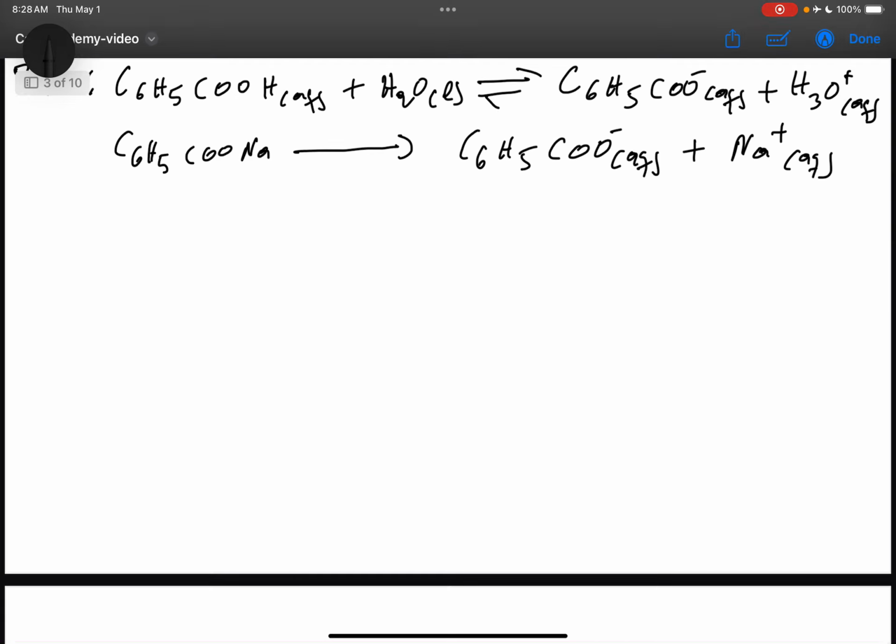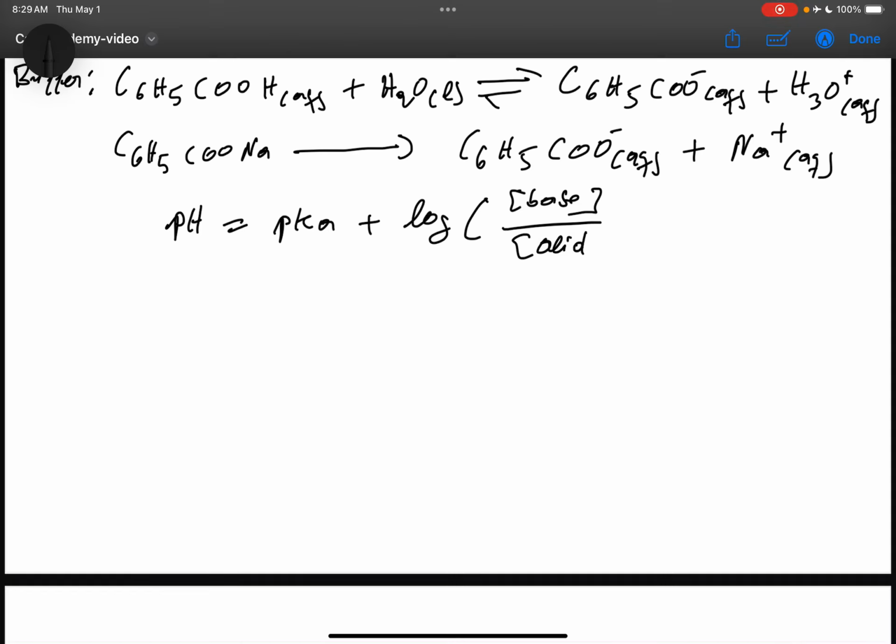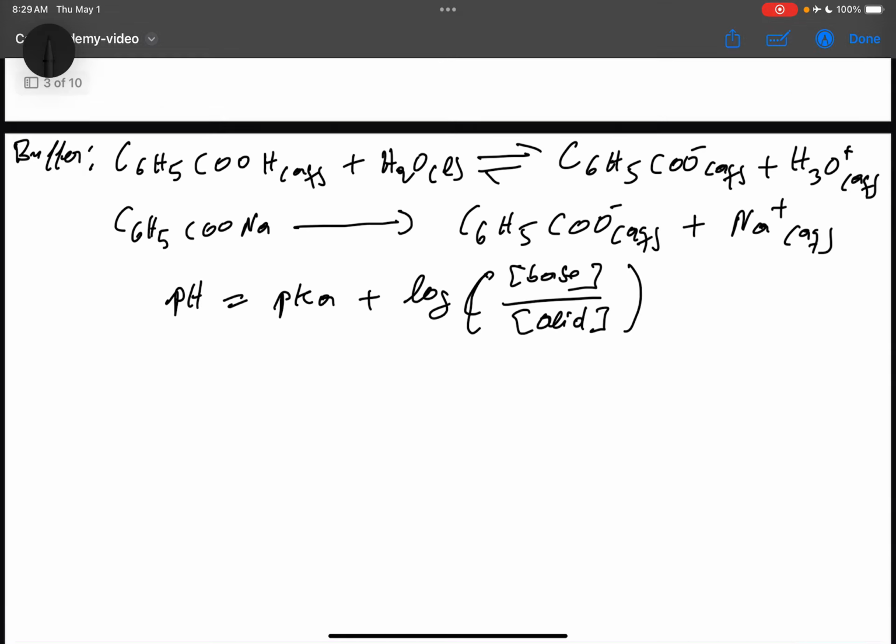The Henderson equation says that the pH of a buffer equals pKa plus log of the concentration of the base over the concentration of the acid. In our problem, the base is the conjugate base, and the acid is the benzoic acid.